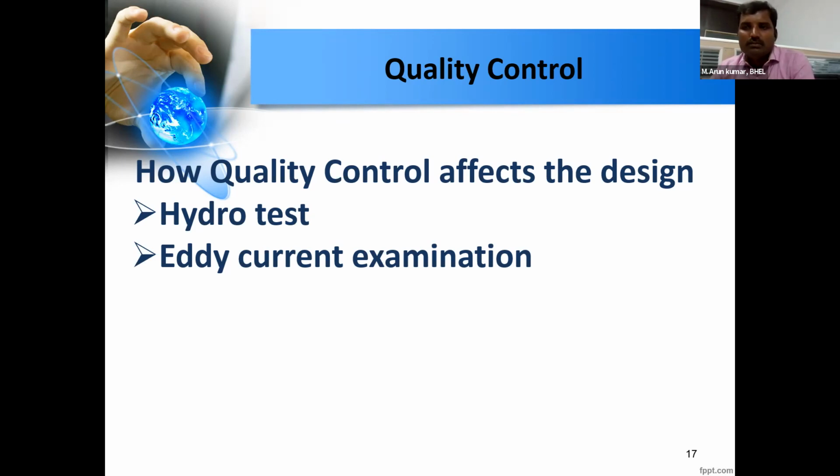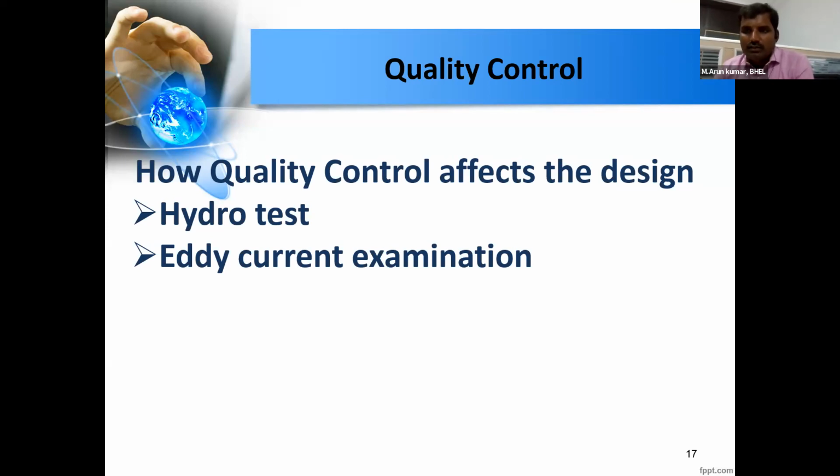Anyway, we have to do some kind of rework, and we have to make this tube contribute to the heat transfer in service. But in the design stage, these are all the factors we have to consider. This comes from our experience in manufacturing only.